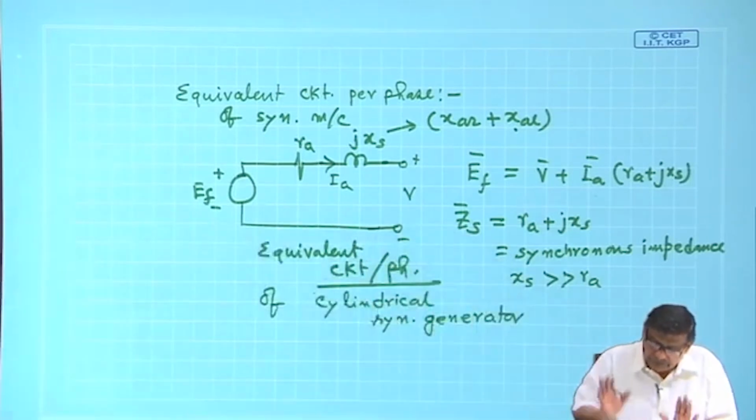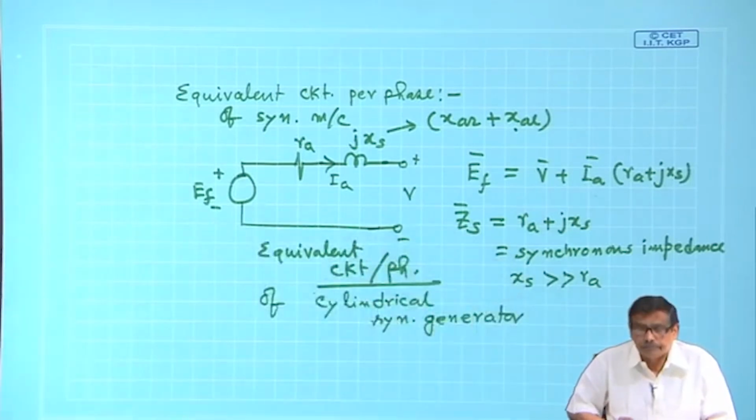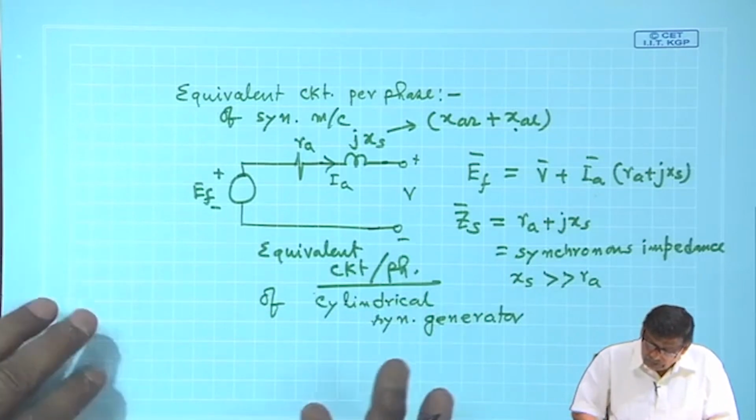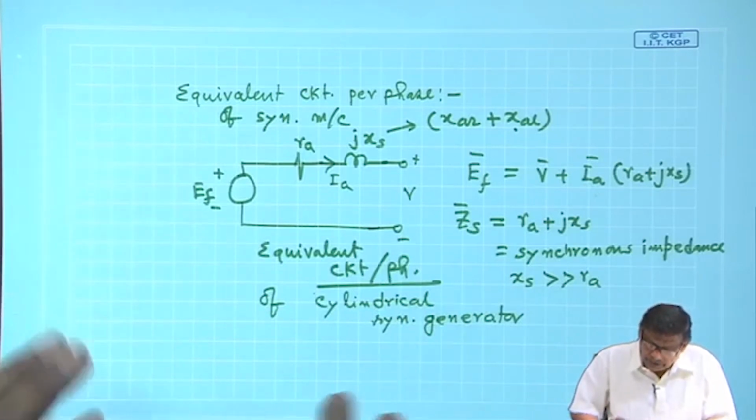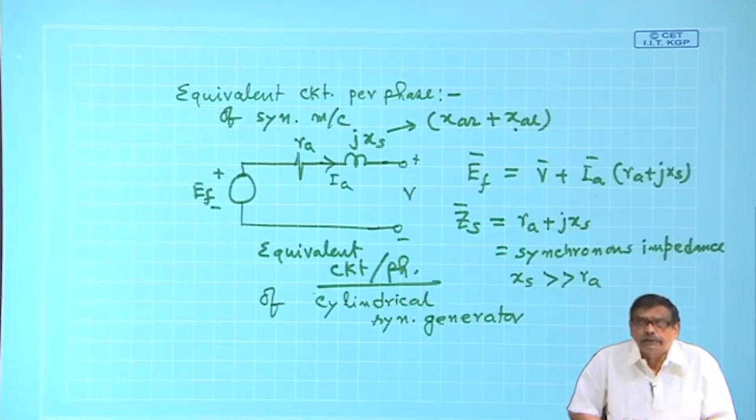So, this is the equivalent circuit. Understood. So, this point must be understood. Therefore, we observe one thing, that is, unlike the induction motor, the equivalent circuit of a synchronous machine is much simpler.